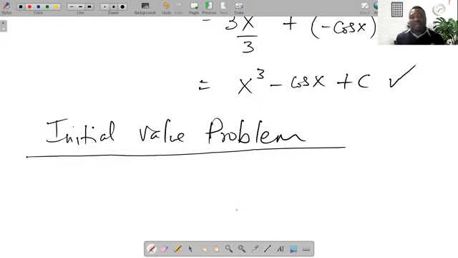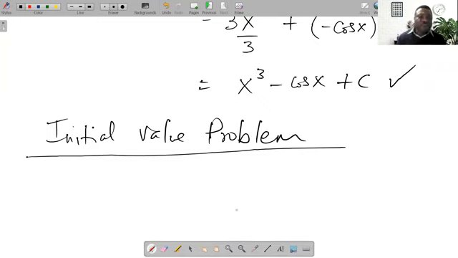Remember that the antiderivative belongs to a family of functions that differ by a particular constant. That is why we always add a C. You can add any constant that you want, K, P, whatever, so long as you name what that variable is.